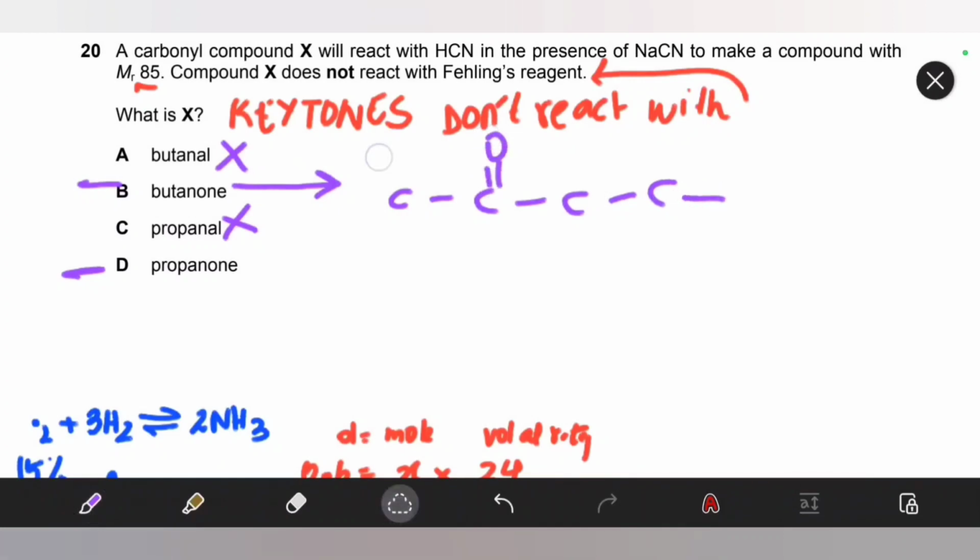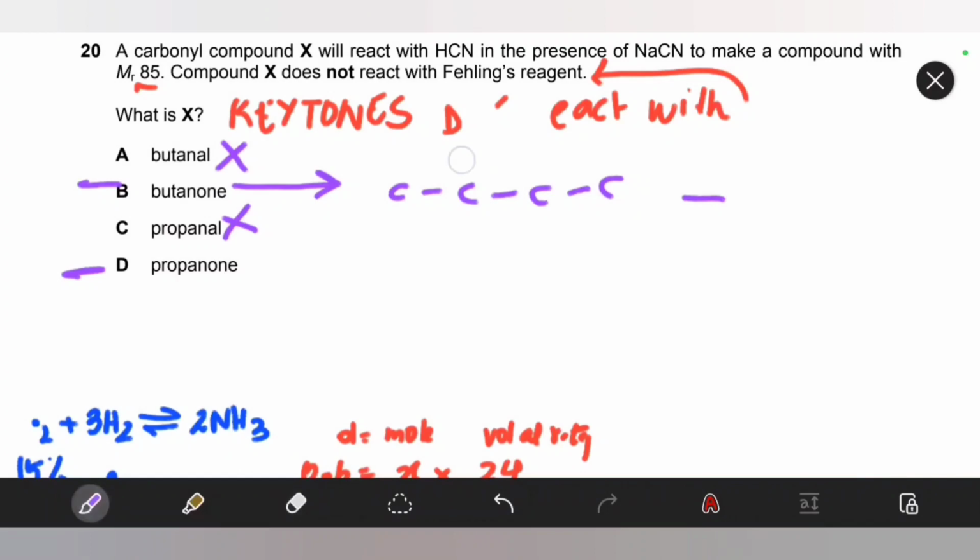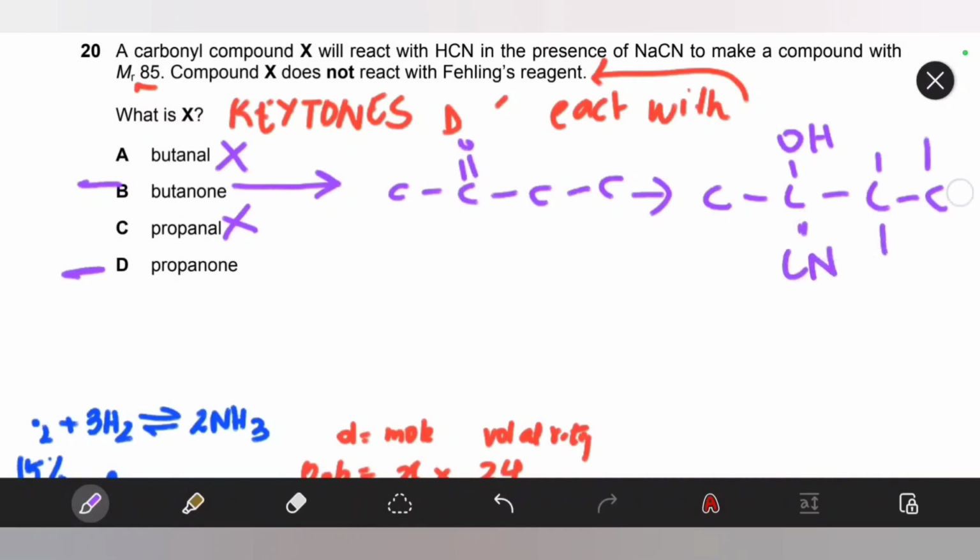So the product would be, in the place of double bonded oxygen, it would be OH and CN and all the H. So the MR would be, there are 5 carbon atoms, 12 into 5 plus how many hydrogen? 1, 2, 3, 4, 5, 6, 7, 8, 9. 9 hydrogen plus 1 nitrogen, which is 14, and plus 16, giving us 99. MR of 99, so this clearly B is not the answer.